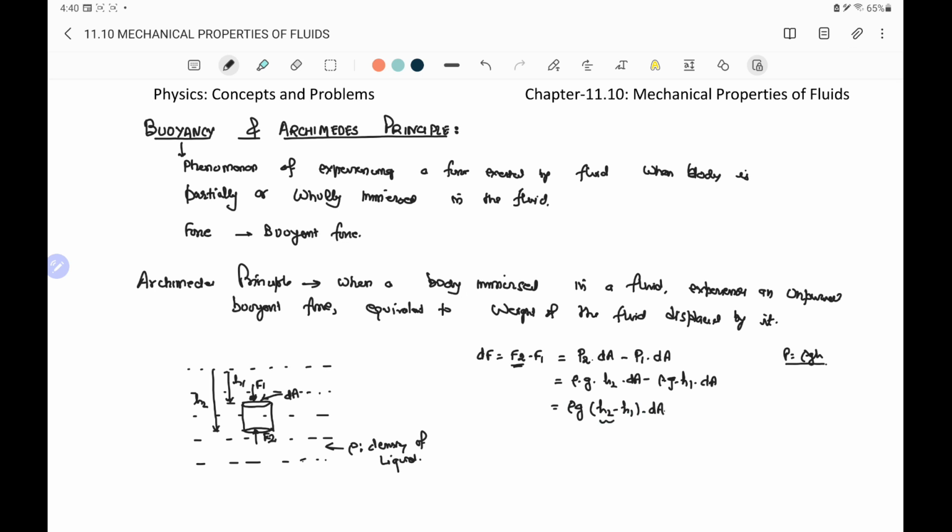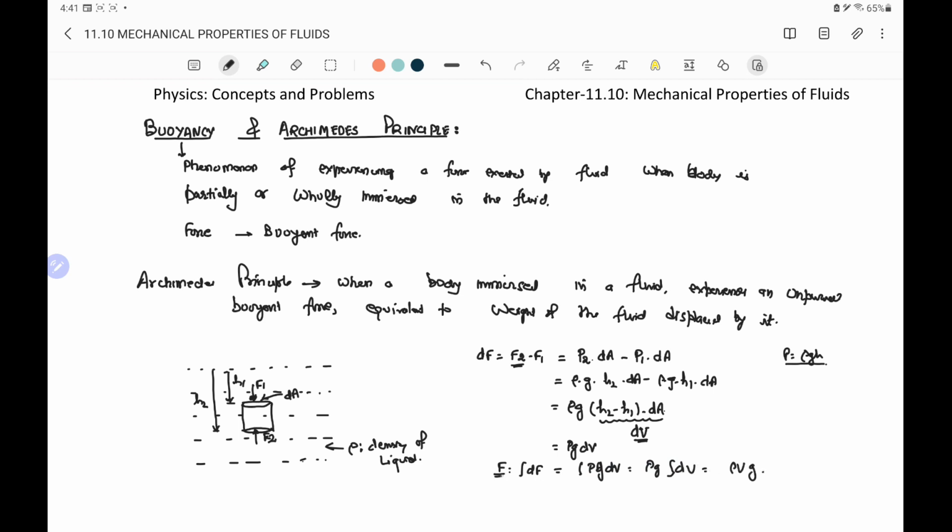Here this (h2 minus h1) into dA is the elementary volume displaced by the object. Therefore, we can write it is rho g into dV. So net force will be integral dF, equal to integral rho g dV, or rho g integral dV, or we can write it as rho V g.